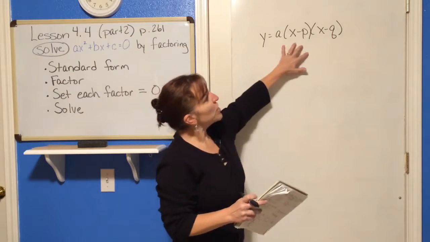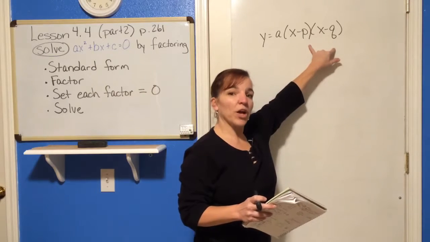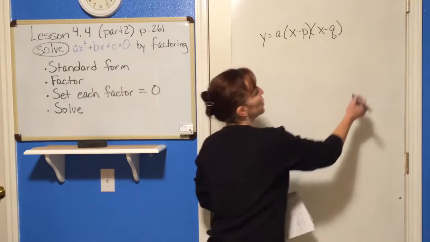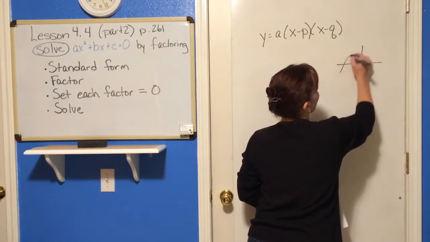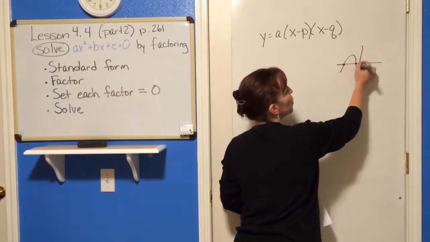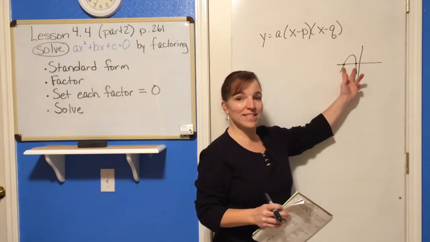So remember, in our intercept formula, the P and the Q are our zeros. So that's where the parabola is going to cross the x-axis. So maybe like this, or maybe somewhere else, wherever it is. Those two zeros are where it crosses the x-axis.